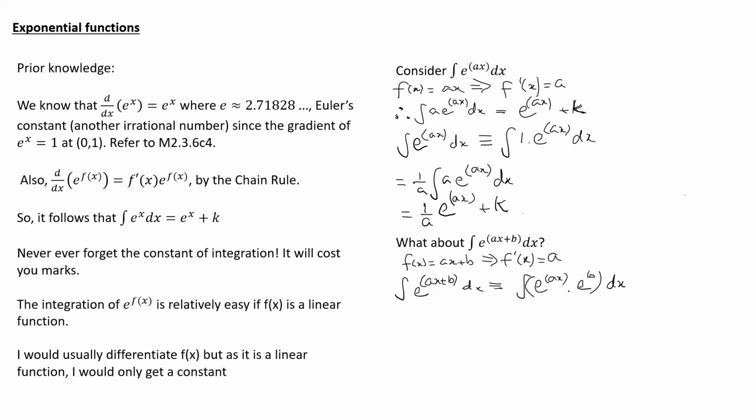Therefore, I could whip that outside the integration and treat it as e to the b times the integral of e to the ax with respect to x, and we already know that the integral of e to the ax with respect to x is 1 over a e to the ax plus a constant. So therefore, nice and easy, I'll get e to the b over a, e to the ax, plus some constant. I guess I don't really need those brackets in there, but I've put them in there anyway.